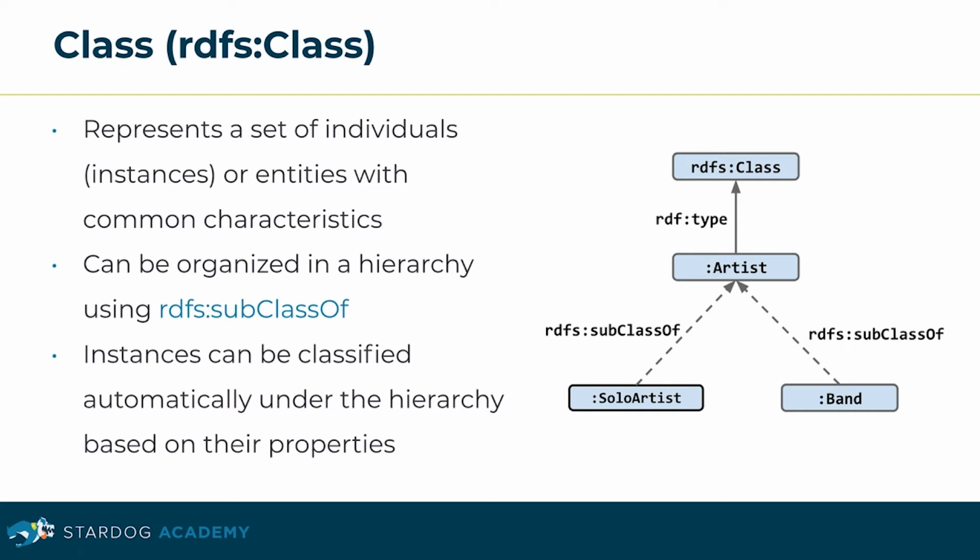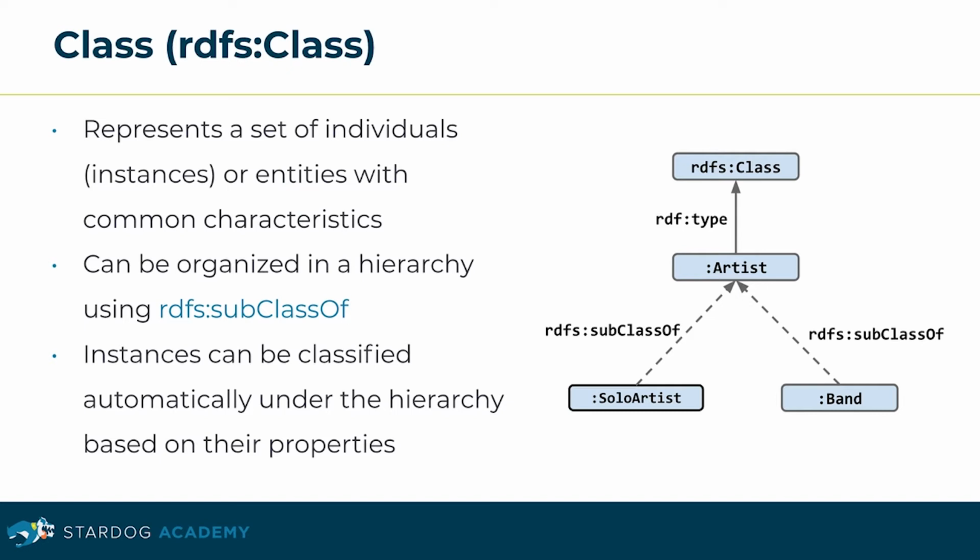Now, looking a little bit closer at the class and its notation of rdfs:Class, a class represents a set of individuals or instances or entities, as we have defined in our data requirements capturing, that have some common characteristics. As we can see in our music data example, an artist is defined as of a class type, and also classes can be organized in a hierarchy using the rdfs:subClassOf term by the Resource Description Framework definition as well.